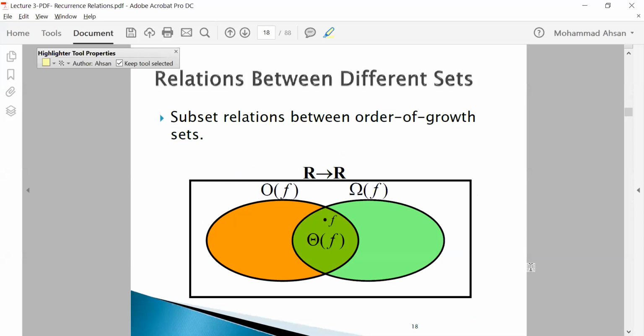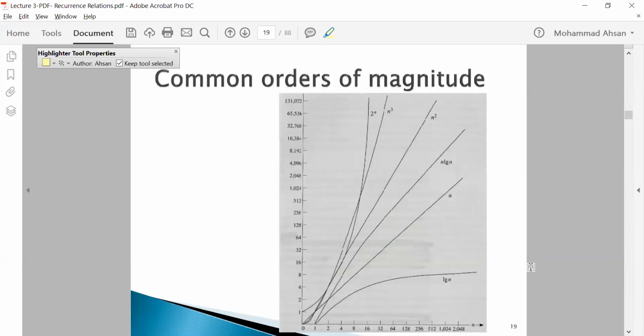This is the relation between the order of growth sets O, omega, and theta. Theta is like the intersection of O and omega, where both are true. It is O as well as omega, the relationship between two functions. These are the common orders of magnitude for different functions. You can see log n is the lowest. Then you have n. So n is higher than log n.